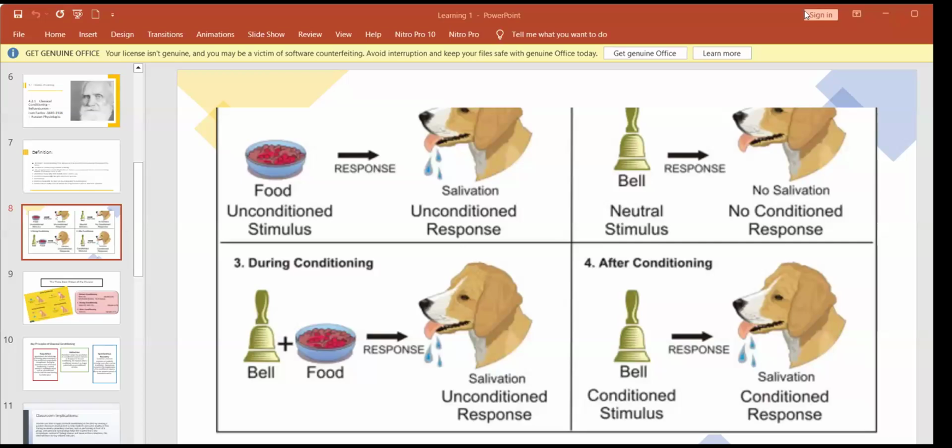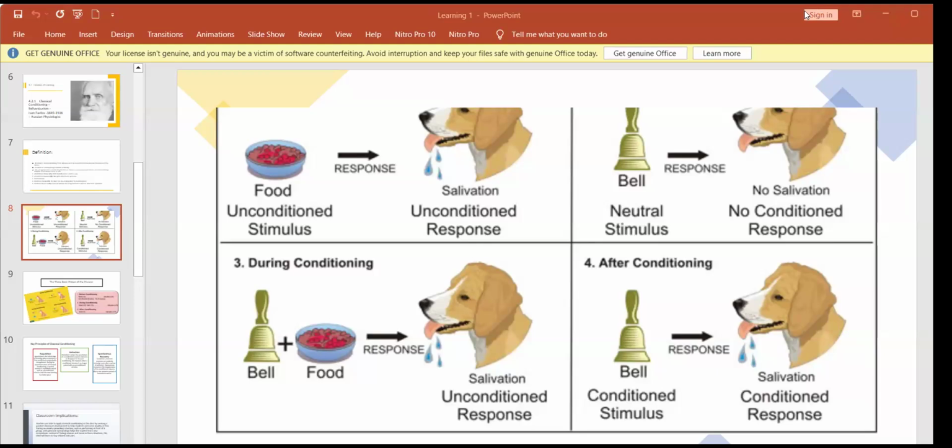So that is natural. Dogs did not learn it. It is naturally happening. So unconditioned. Conditioned can be learned. You're made to do that. Right? You're conditioned to think like that. Women are conditioned to think that you have to do all the household chores. You're made to think like that.